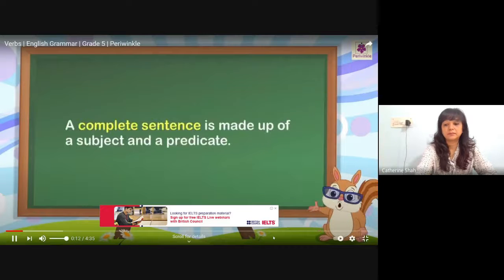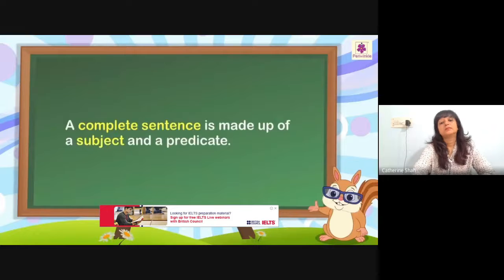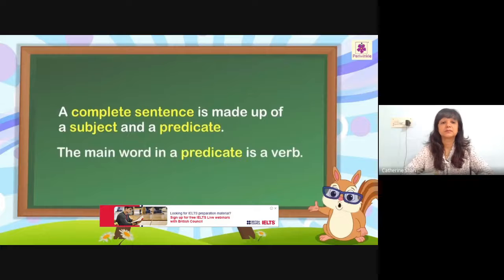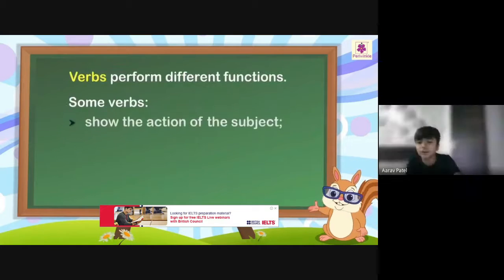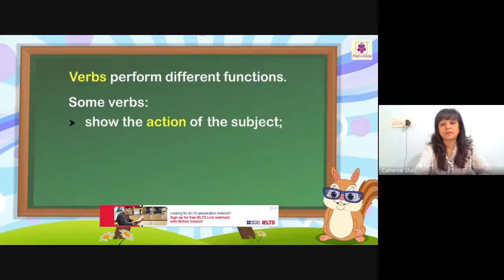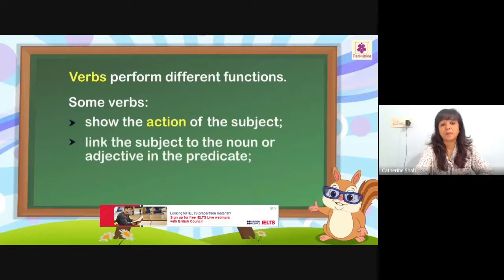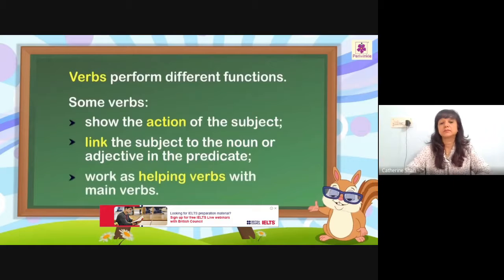A complete sentence is made up of a subject and a predicate. The main word in a predicate is a verb. Verbs perform different functions. The Some boy is verbs echoing. show the action of the subject. Some verbs link the subject to the noun or adjective in the predicate. Some verbs also work as helping verbs with main verbs.